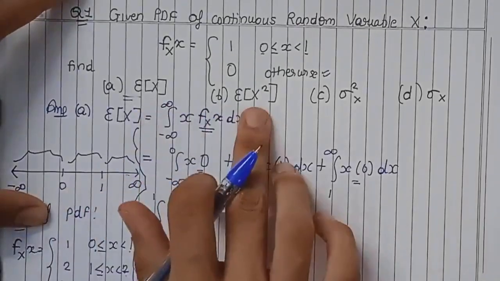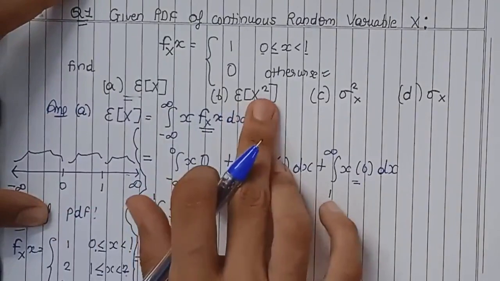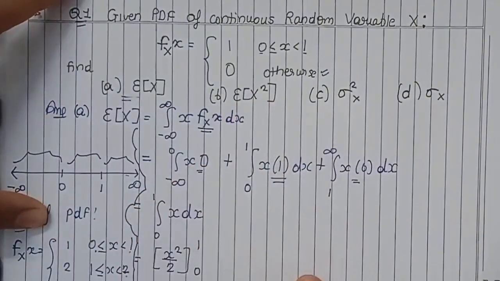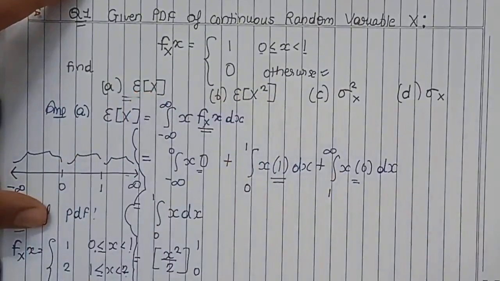Now in the B part of the previous question, we need to find the expectation of x square. Now we know that x square is a function of x. So we can use the property that we just studied to find this.